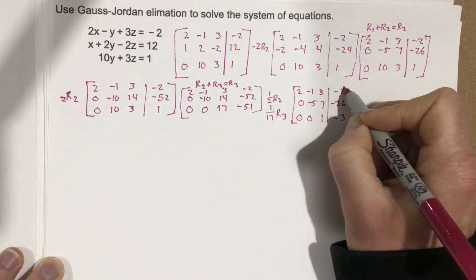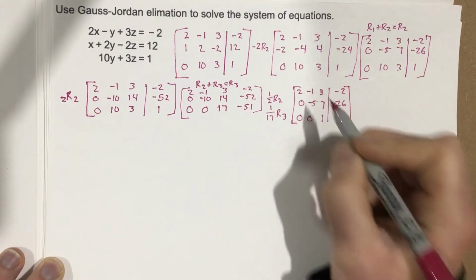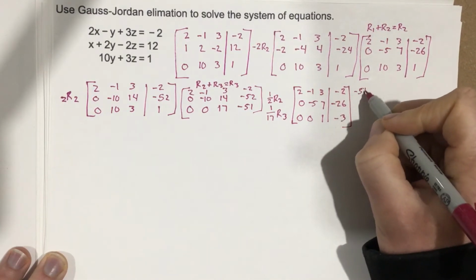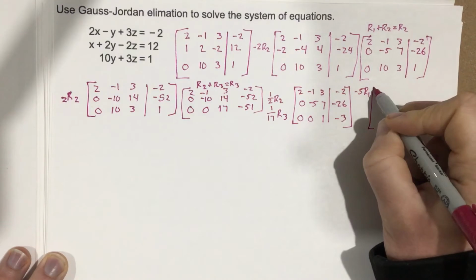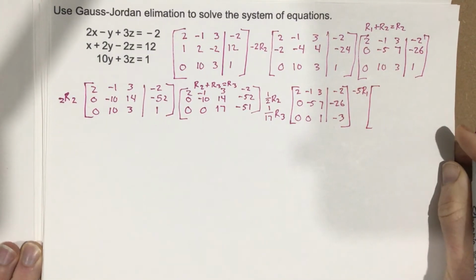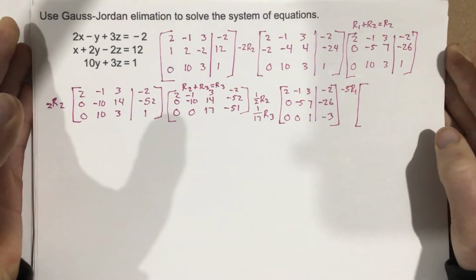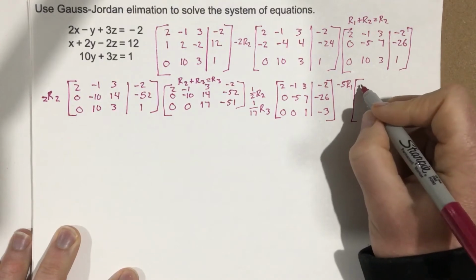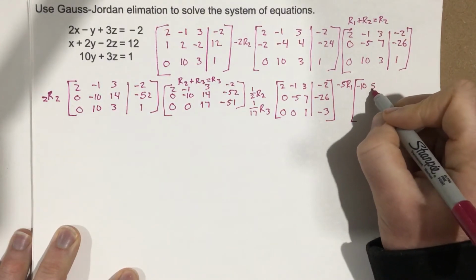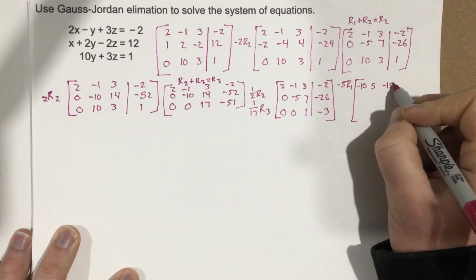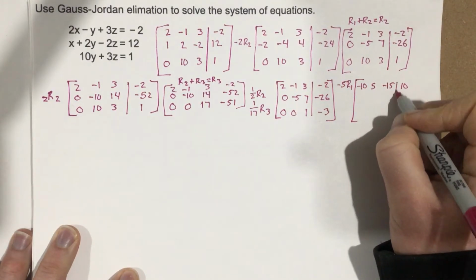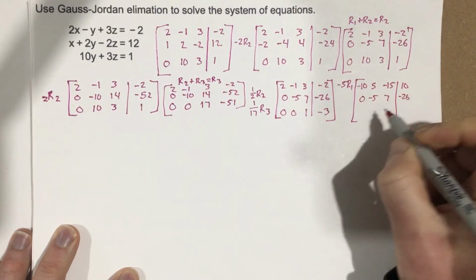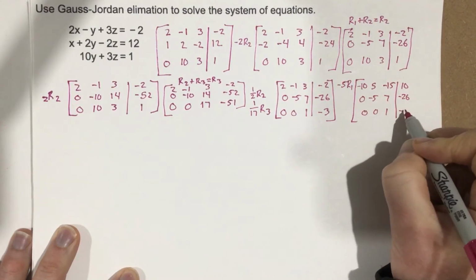Now I'm going to multiply the top. I need to get this to be 0, so I'm going to multiply the top by -5. So I'm going to multiply -5 times row 1. -5 times row 1 will be -10, 5, -15, and 10. This will be 0, -5, 7, -26, and still 0, 0, 1, negative 3 on the bottom.